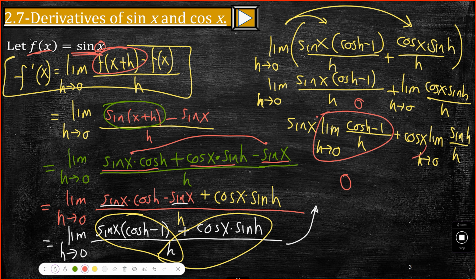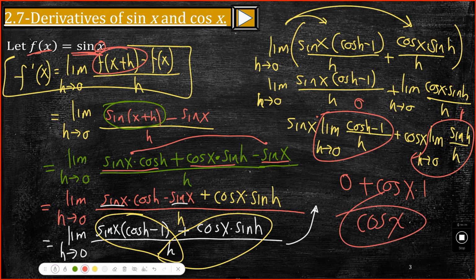And for this one, it was the limit as h approaches 0 of sine h over h. That one is 1. So then you got plus cosine x times 1. And so 0 plus cosine x times 1 is cosine x. So the derivative of sine x is cosine x. The derivative of sine is cosine.